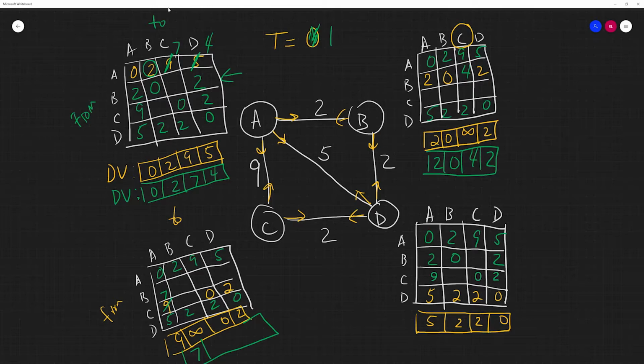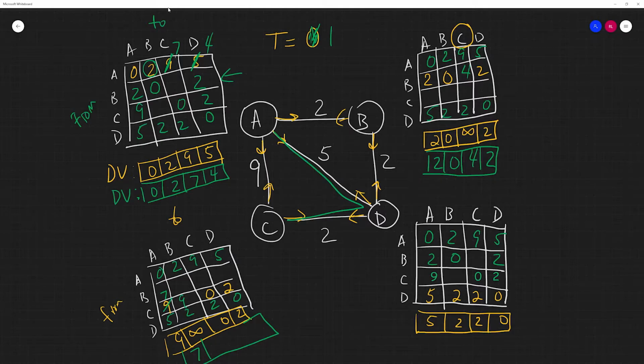So let's look at this one first. This one is via A, and it's going to cost me 2 via A. It costs me 7 to get there. 7 plus 2 is 9. So that's from C, I can get to A in 7.